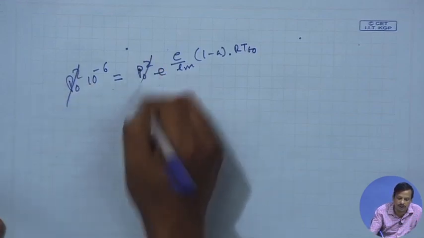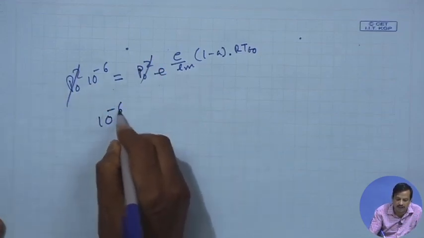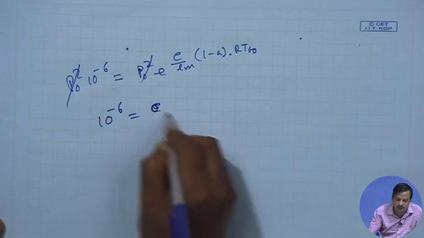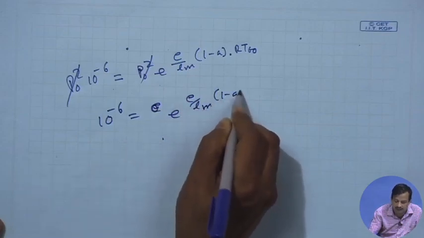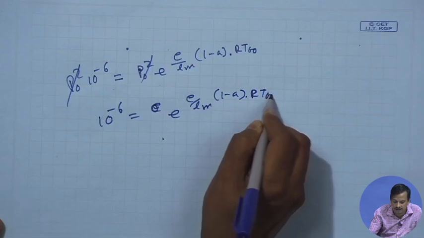So, P0 is cancelled, and 10 to the power minus 6 is equal to e to the power c by Lm times 1 minus a into RT60.